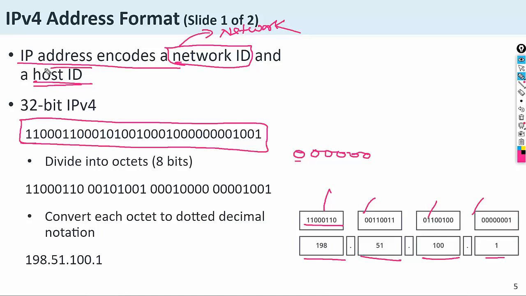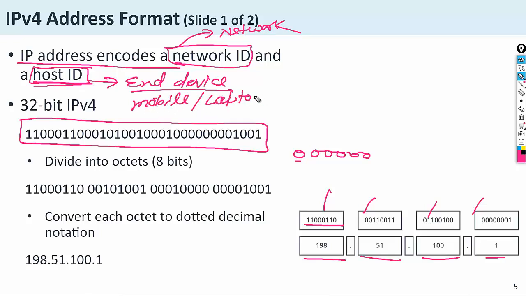So what will we consider a host? A host is considered an end device, like your mobile phone, laptop, desktop, server, and other devices connected at the end of the network. For example, this computer is connected to a switch, which is connected to another switch, which is connected to the router.